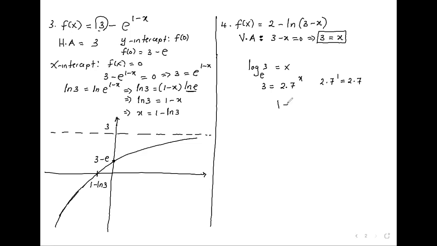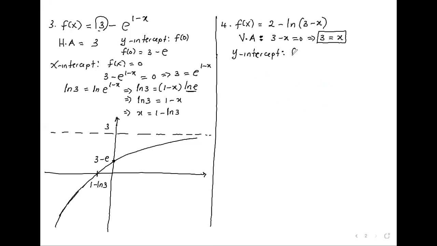So 1 minus something bigger than 1, you have minus. The idea is not to confuse you. The y-intercept, you check if it's there, it will come out.